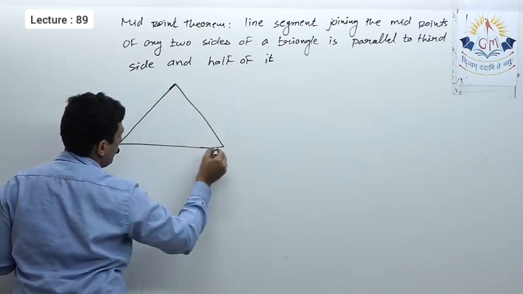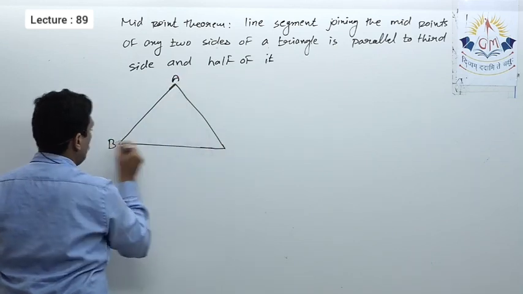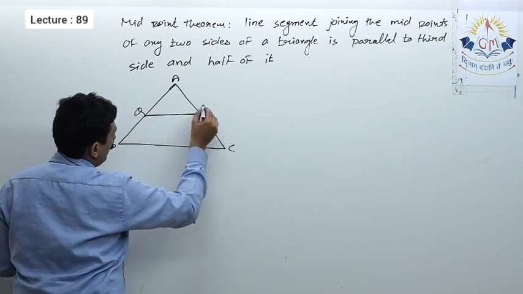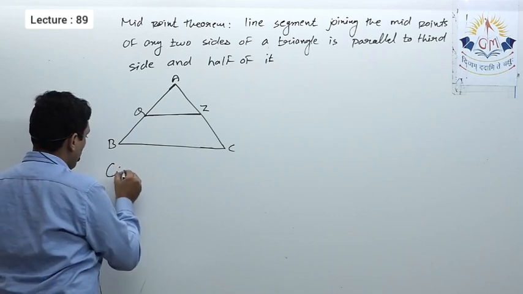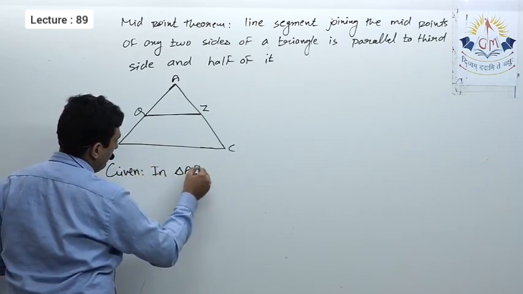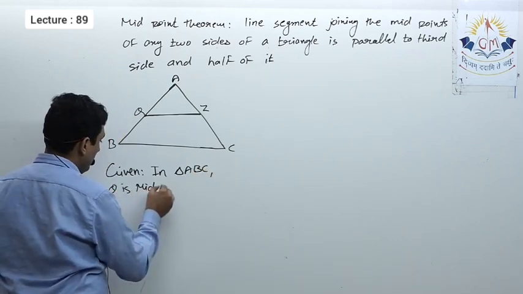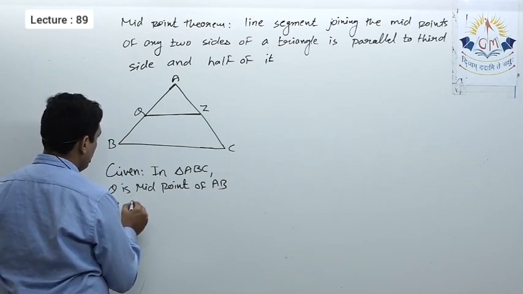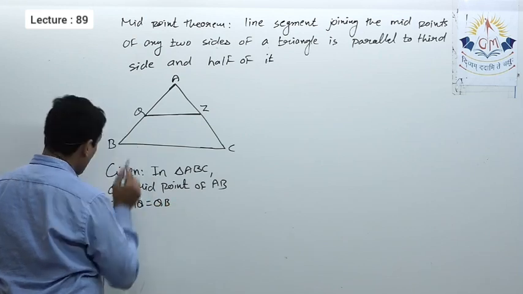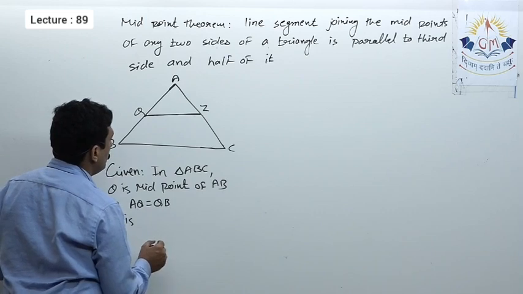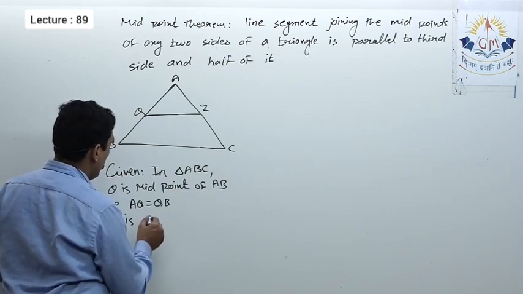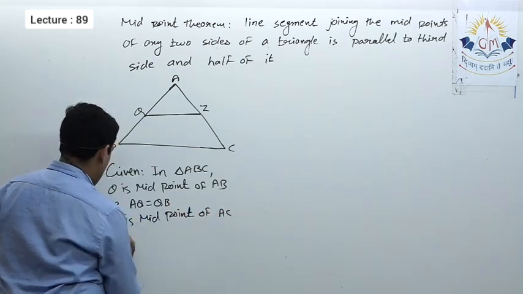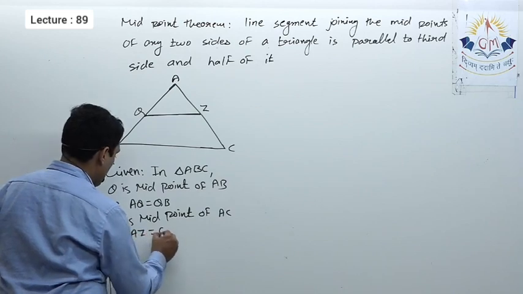Let the midpoint of AB be Q and the midpoint of AC be Z. First of all, what is given in triangle ABC: Q is the midpoint of AB, that is AQ equal to QB, and Z is the midpoint of AC, that is AZ equal to CZ.